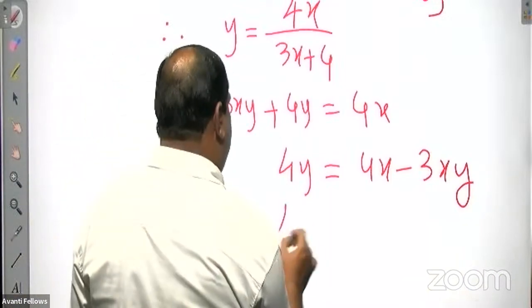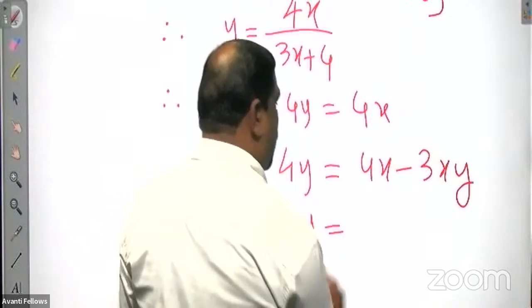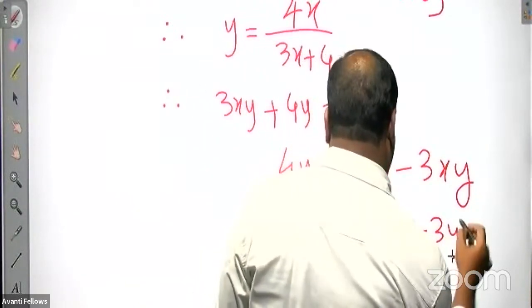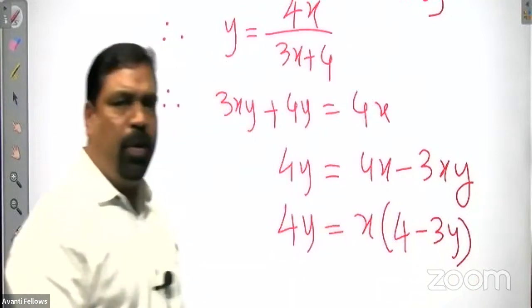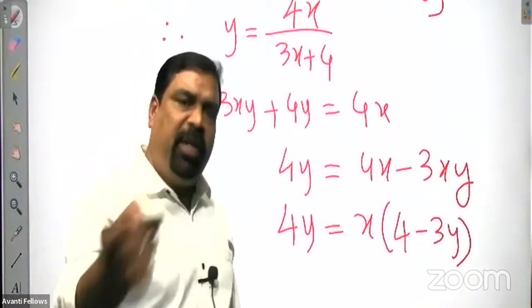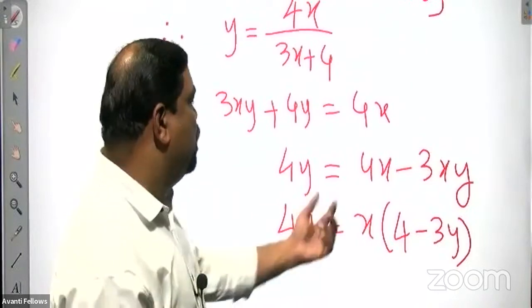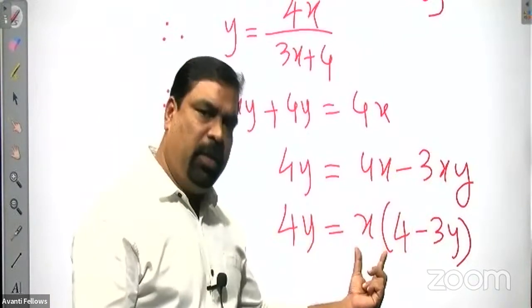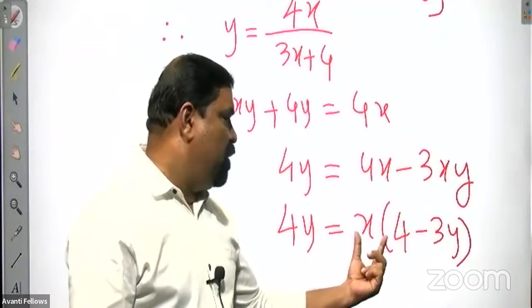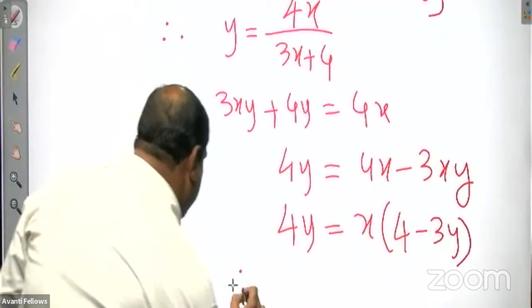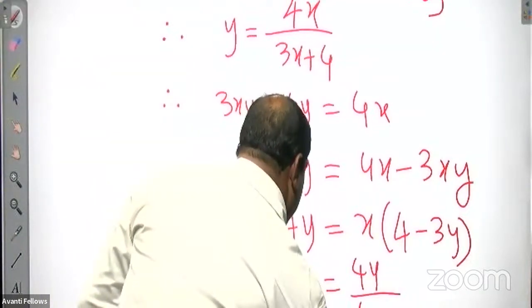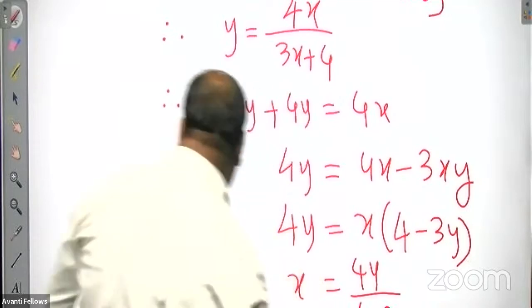That is 4y equal to x into 4 minus 3y. Our target is to find x, so we have collected the x terms on one side, then take x outside. After that, you will get x. What is x? X equal to 4y upon 4 minus 3y.